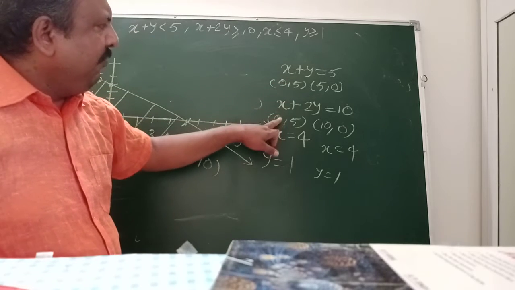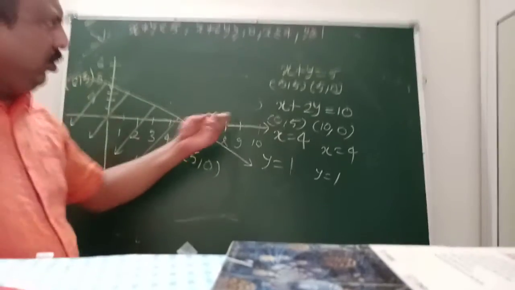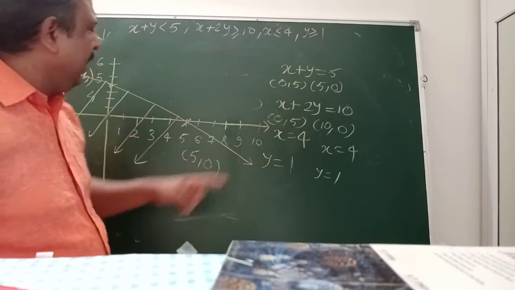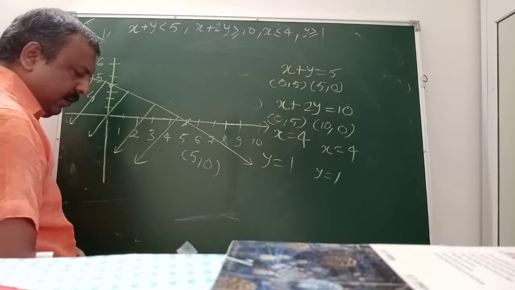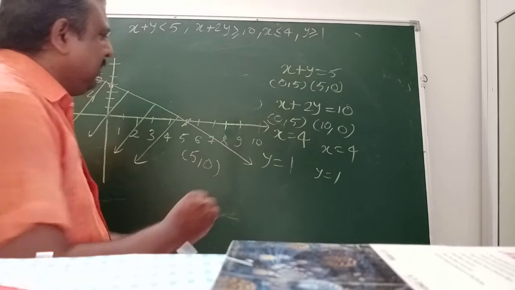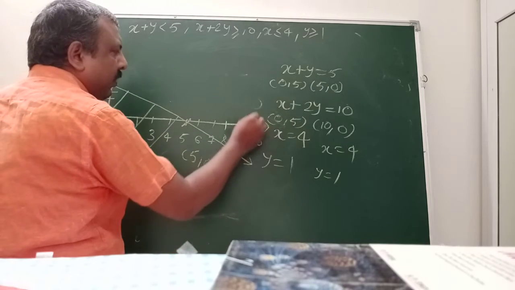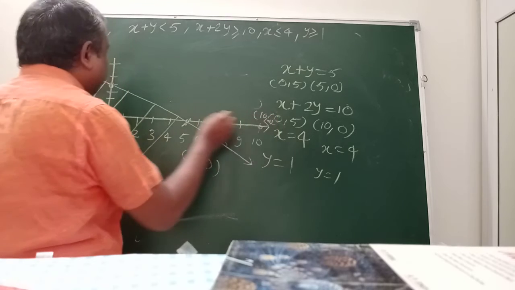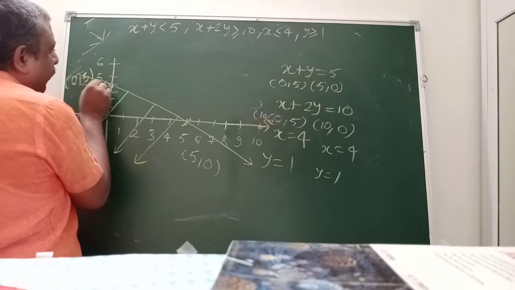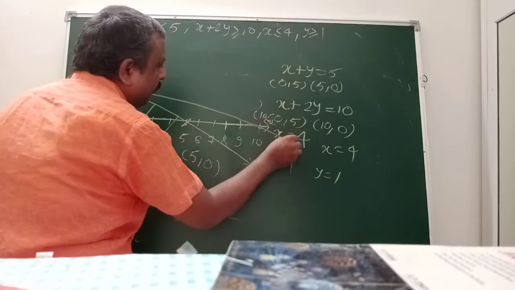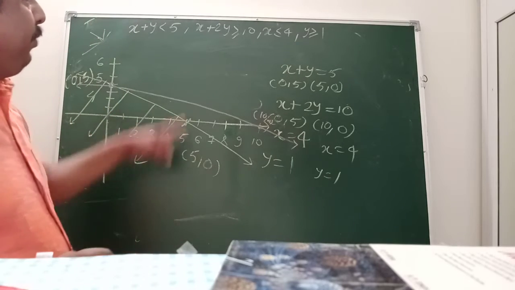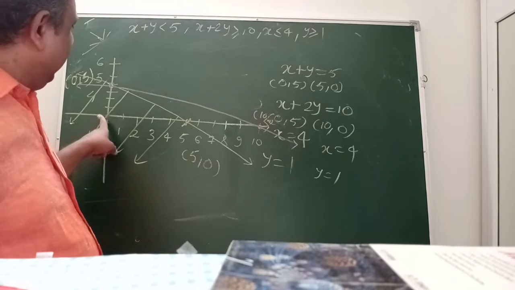Second, by default 0, 5 is the solution of this inequality. So I am taking here 0, 5 and another one, 10, 0. You also mention the solution 10, 0. Again I am putting the origin, one of the convenient solutions for us.